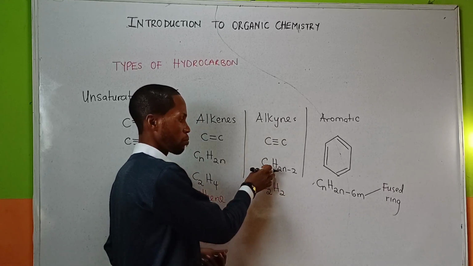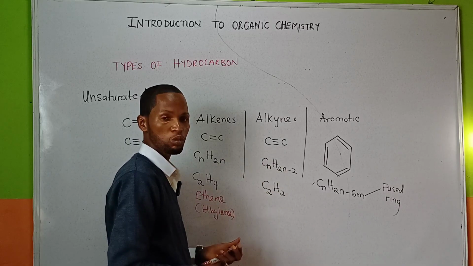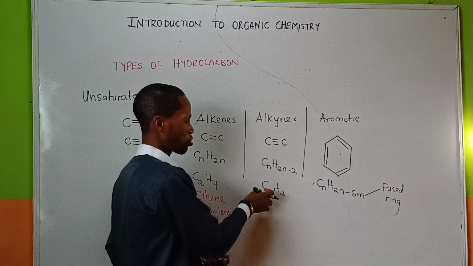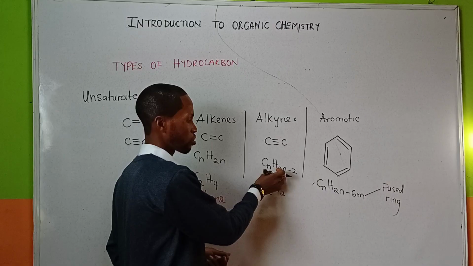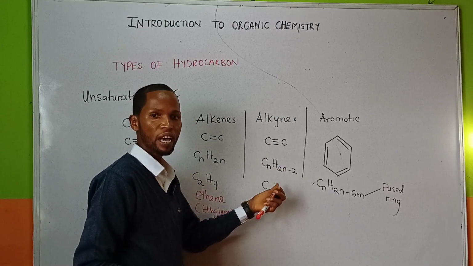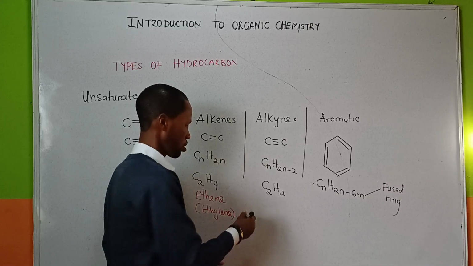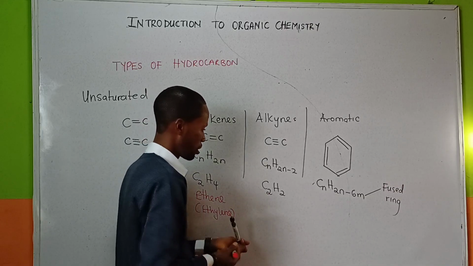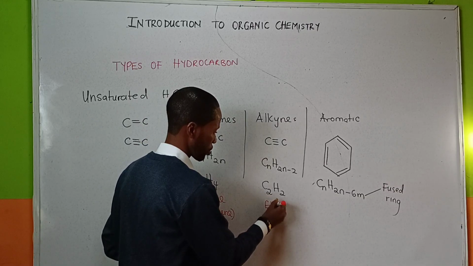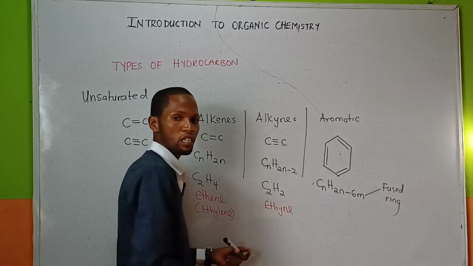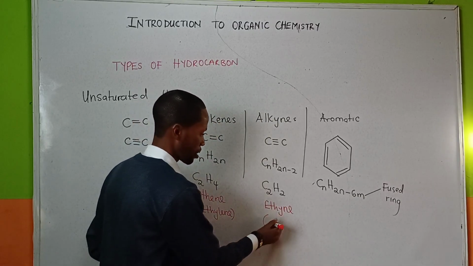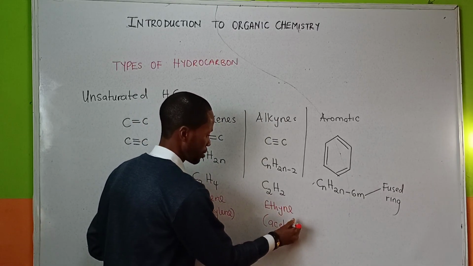In place of n we have 2: C2, then H2n, that's 2 times 2, 4, minus 2, that is 2. This is ethyne, also referred to as acetylene.